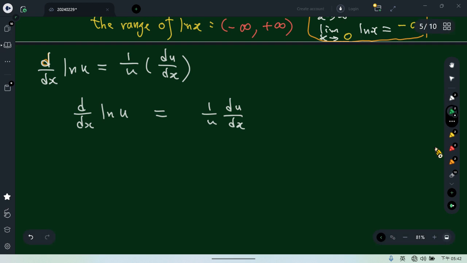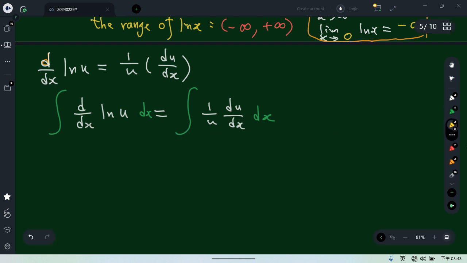So I just integrate this. Since these two are the same, when I take the integral on both sides, we still keep the equality, right? So this equation will still hold.